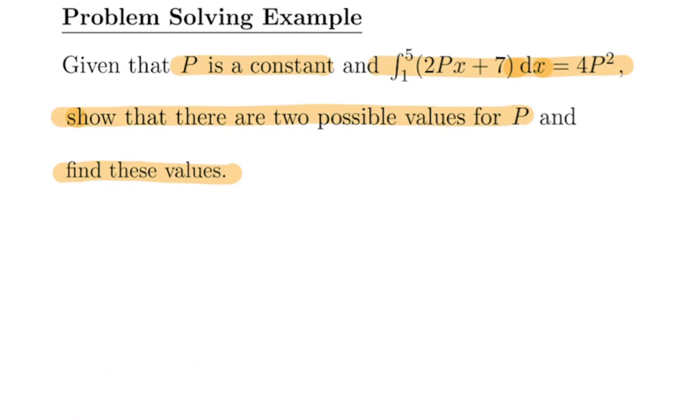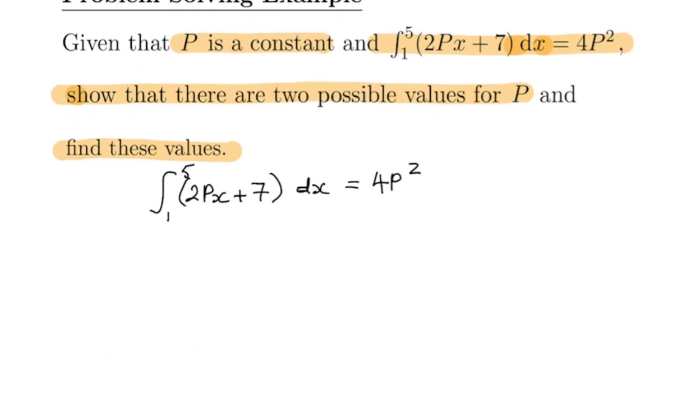So the first thing that we're going to do is write out the integral of 1 to 5 of 2px plus 7 with respect to x equals 4p squared. So on the left hand side we do what we normally do.